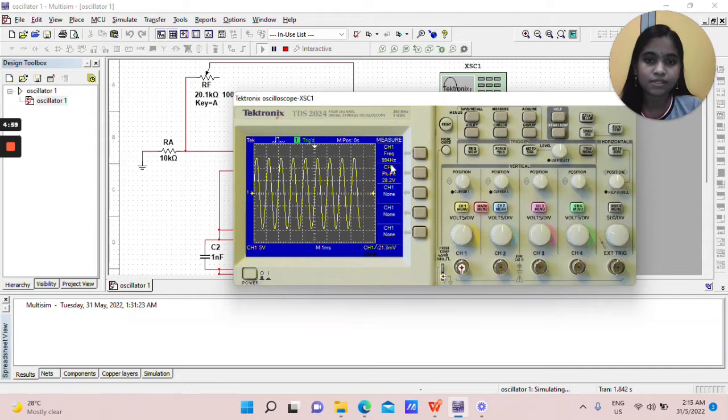The waveform will form like this. Now we can see the measurement, 4 Hz, and the peak value is 28.2 volt.